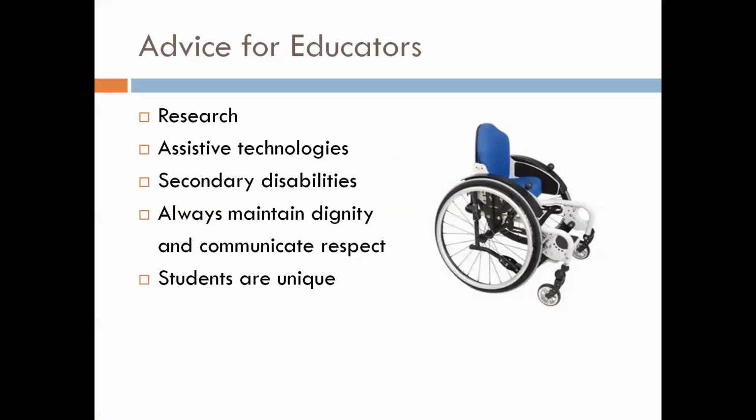What different challenges are they bringing? But most importantly, you always want to maintain dignity and communicate respect. Always talk to the student at their age level. And remember that students are unique. Every student's different. Maybe you'll end up with two students that have osteogenesis imperfecta at some point, but they're unique.